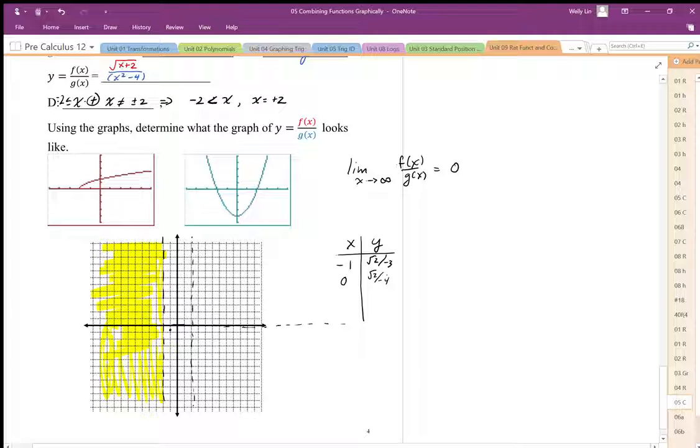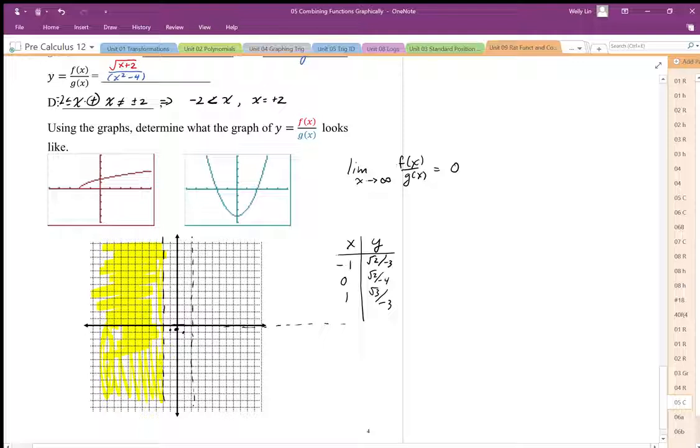So that's going to be a little bit higher up there. It's hard to tell. So it's going to be somewhere in here. And at x equals 1, I end up with √3 over -3. And so it's going to be kind of going down, maybe somewhere around here.